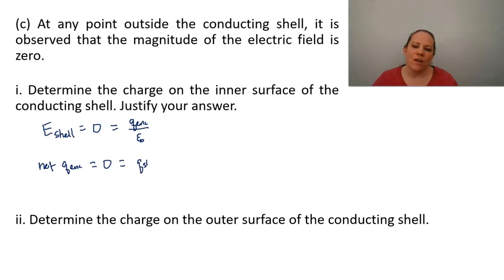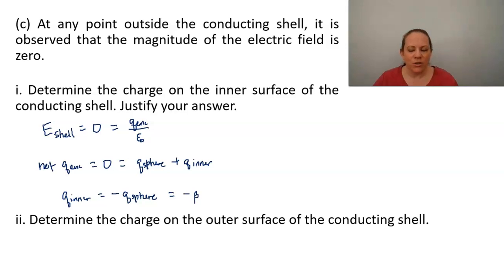which means that the charge on the sphere plus the charge on the inner surface of the shell have to add up to 0. So what that tells me then is that the charge on the inner surface of the shell is equal to the opposite of the charge on the sphere. And the charge on the sphere was beta pi a to the fourth.